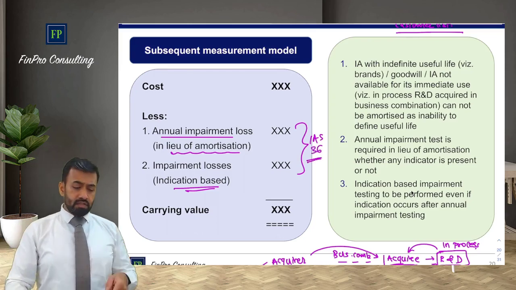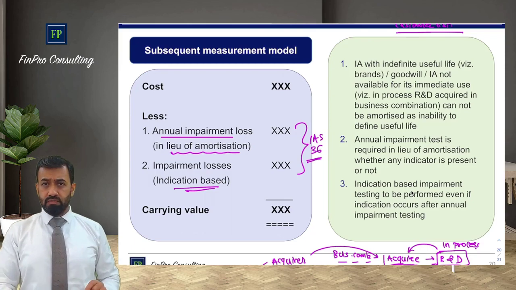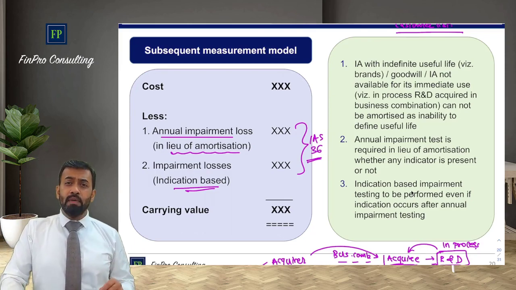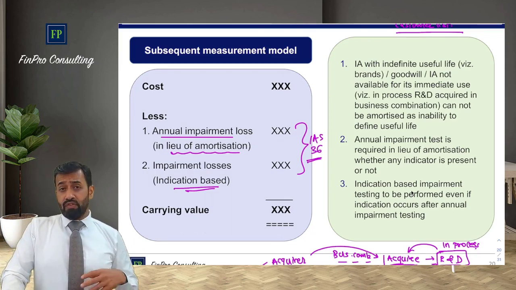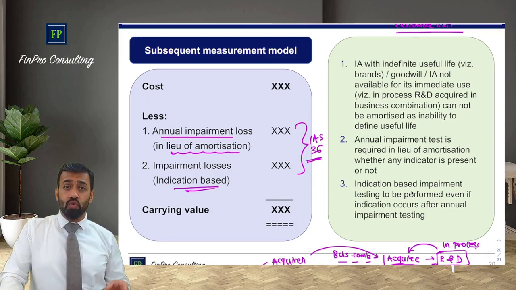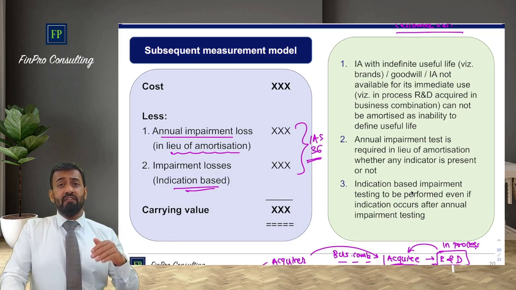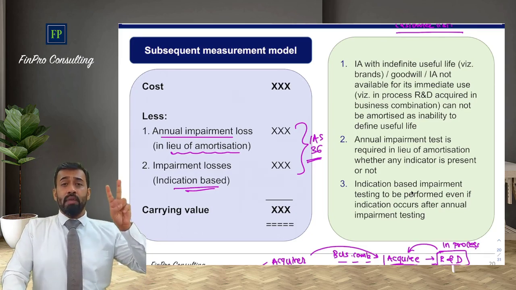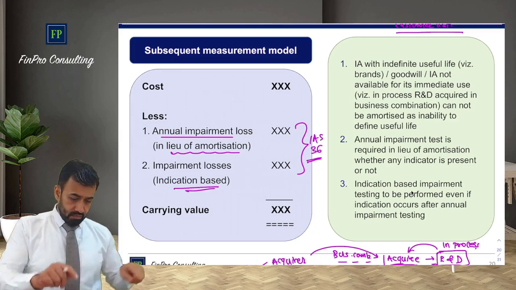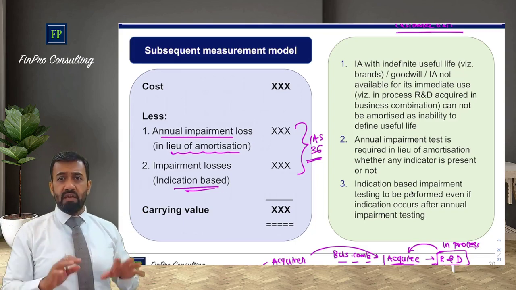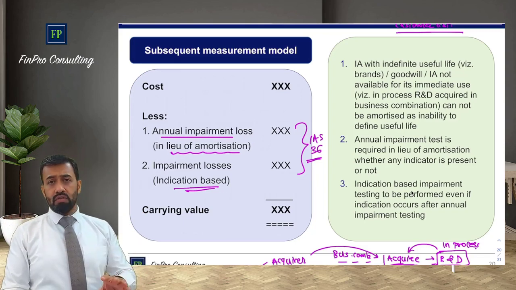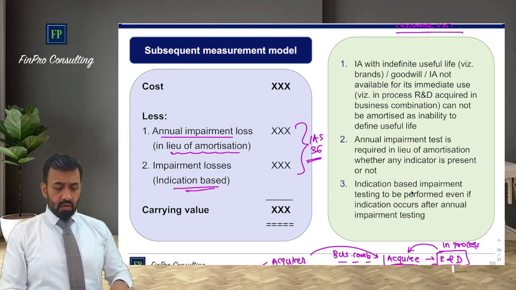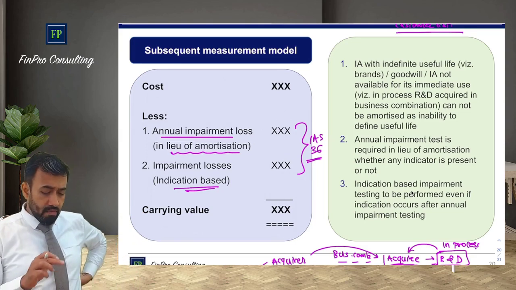So in IAS 36, you will see the same provision. Correct? So intangible assets with indefinite useful life, goodwill, and intangible assets not available for immediate use will be tested for impairment twice, at least annually and based on indications. This is very, very important. You may get questioned on this. Alright? So think about it, and remember this.